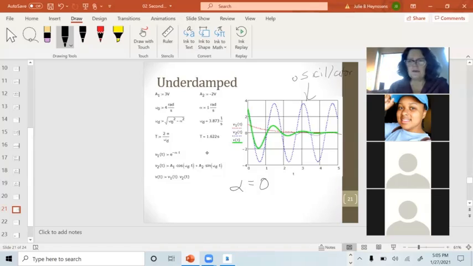And the way you get alpha equal to 0 is you take all the resistance out of the circuit. In theory, you can do this. So you just put an inductor and a capacitor in parallel, and you're going to get an oscillator, as long as you can keep all the resistance to 0. The wires have resistance though, so you need something to amplify this to keep it going. But in theory, this makes a beautiful oscillator.